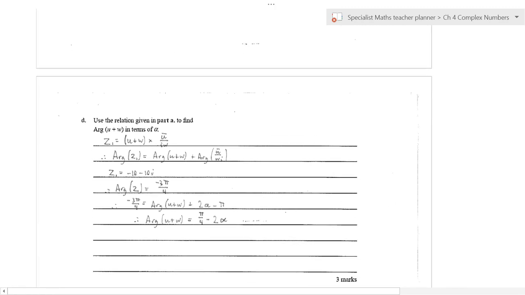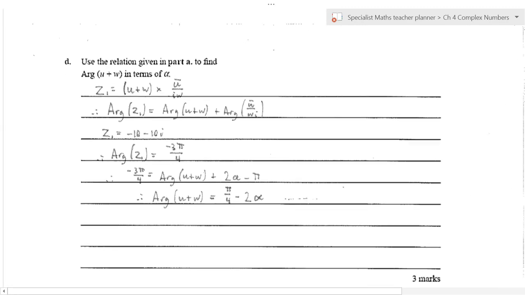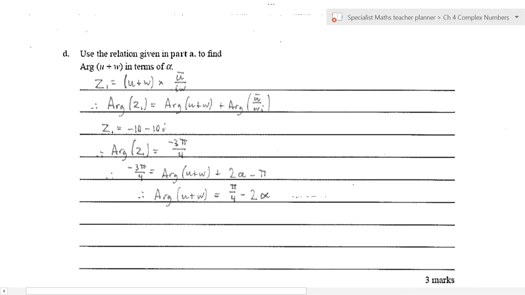Yeah, so with the last question, it says here, use the relation given in part A to find arg of u plus w. Well, you had to use the previous information.